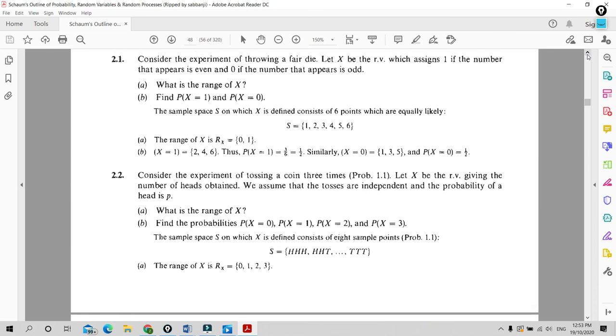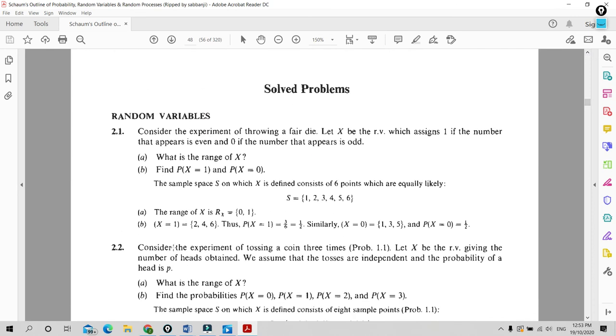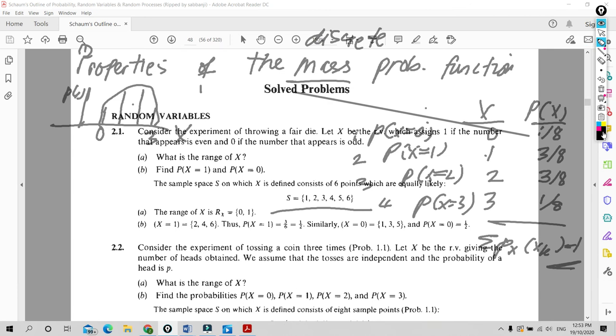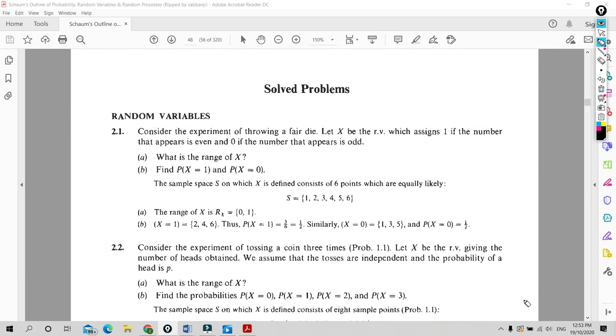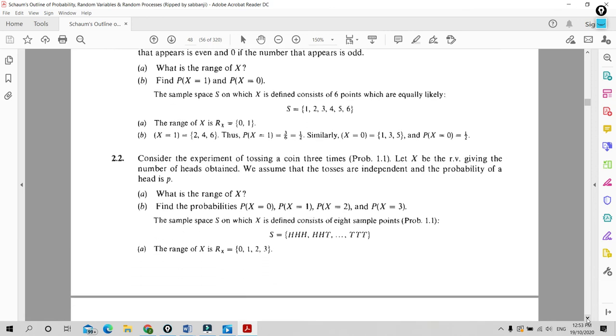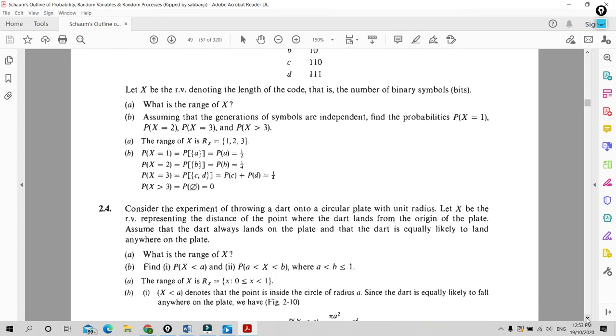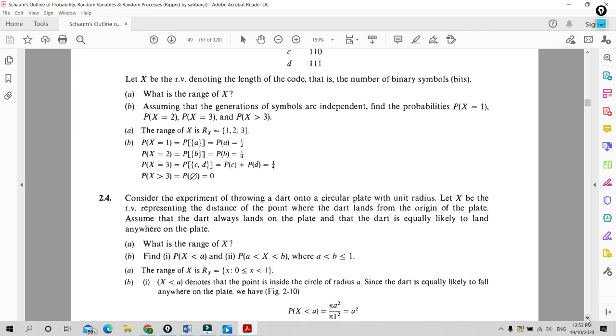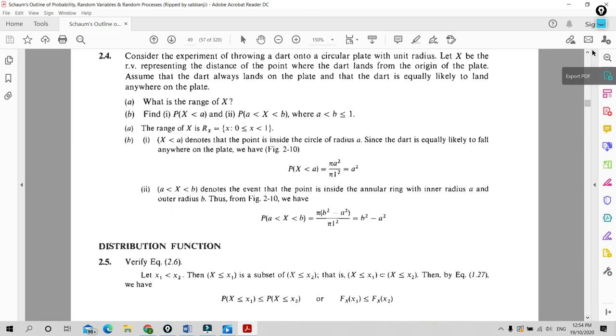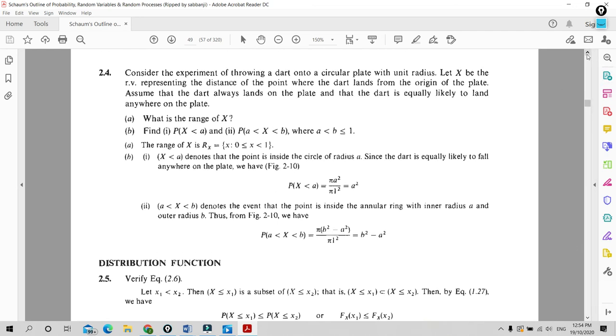There are a few questions, so you can try questions 2.1 and 2.2. Then you can also try 2.3.